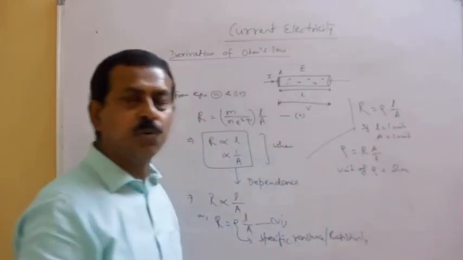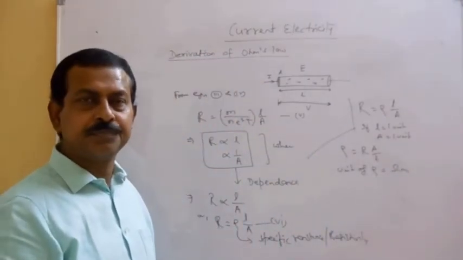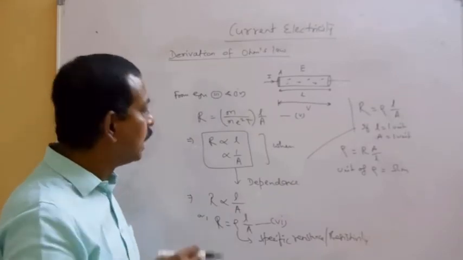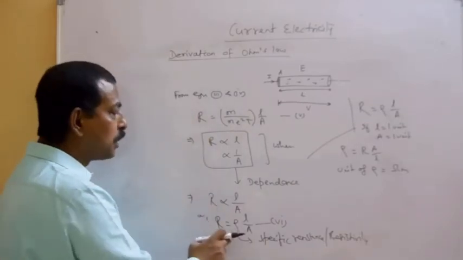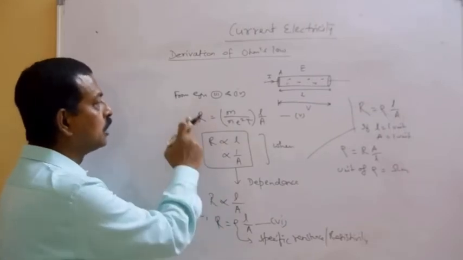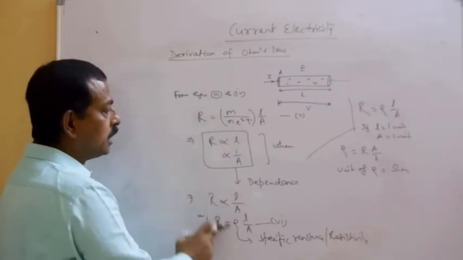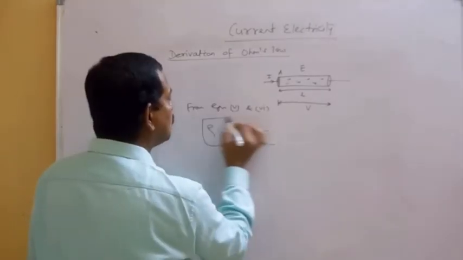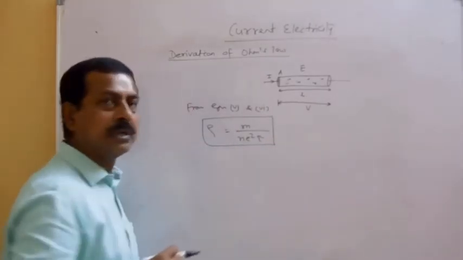Ultimately it will be ohm meter. So this is the unit of the specific resistance. Now let's see what expression we get for a specific resistance using these two equations, equation 5 and equation 6. This is the expression for a specific resistance.